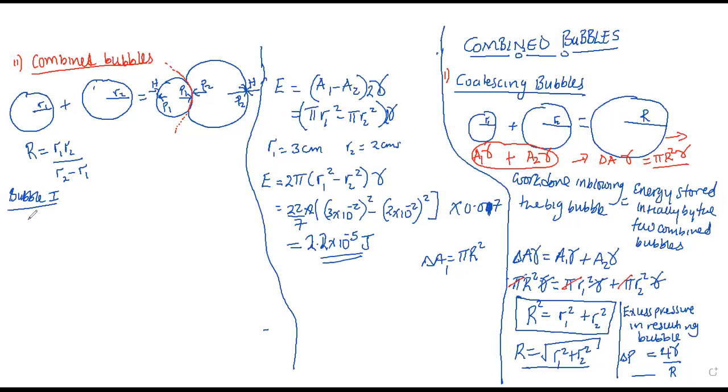So it would be P1 to overcome the atmospheric pressure to give us the force due to surface tension at the interface. Because these are soap bubbles, the force due to surface tension will provide a pressure difference, which is 4 gamma over R1. This will give us equation 1.